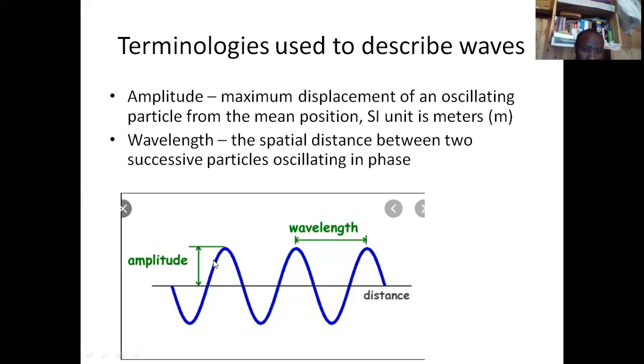You could also say from this point to this point also forms a wavelength. So it depends on which point your reference starting point is, and then you have to move until you trace the next point in phase with the starting point, and that distance makes a wavelength. So it's not a new concept. I want to believe you are at home with that explanation.